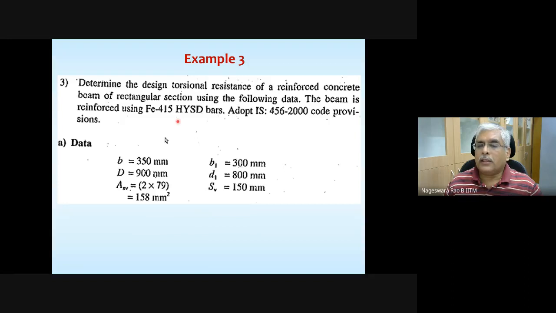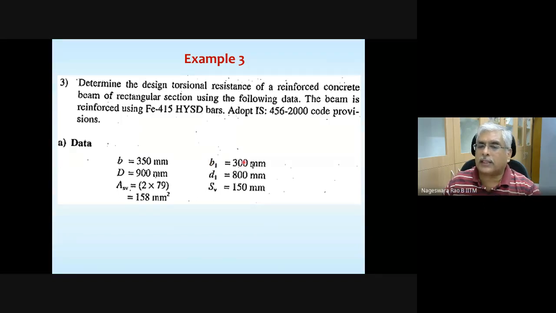B is given. Please take a note of this. B is given, overall depth is given, and B1, D1 is nothing but the center to center distance between the longitudinal bars that are provided in each of the corners.